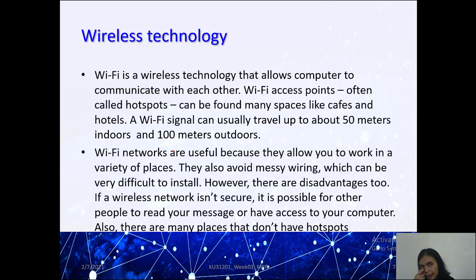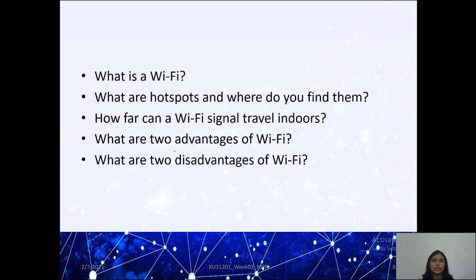Now we will talk about the reading, and one of the readings is about wireless technology. So have a look at this reading, everyone, and then read it and answer these questions. There are 5 comprehension questions, and all of the answers are provided in the text.